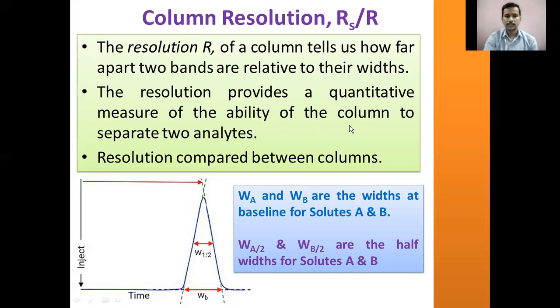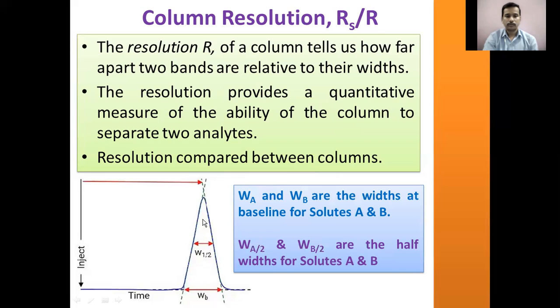Whenever two analytes are eluted, whether they have been separated properly is decided by the resolution. The resolution for the separation of two solutes obtained by one column will be different from that obtained by another column. Therefore, resolution is a terminology which is compared between columns.